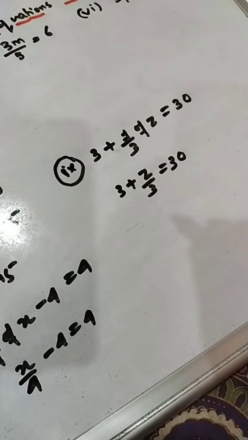Now you will write when 2 is added to half of p, the result is 8, because p divided by 2 is half of p.